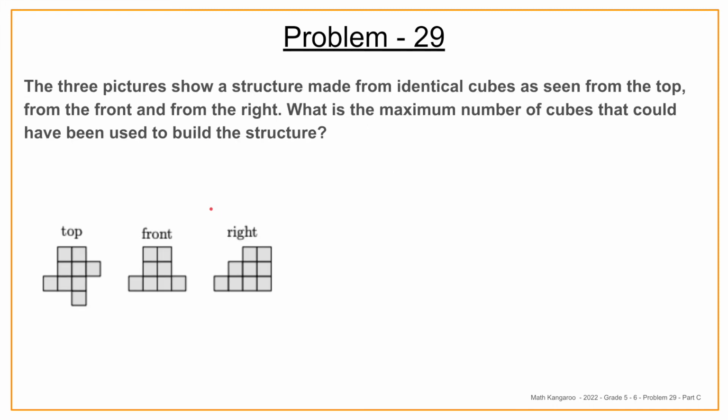Now we will look at the structure layer by layer from the top to understand how it's built. So we'll make a top layer grid with all these cubes marked in it, and then we will bring up the front and then we will analyze. So there are 3 layers: top, middle and bottom. So we will go from top to bottom, marking where cubes are placed using the front and right view.